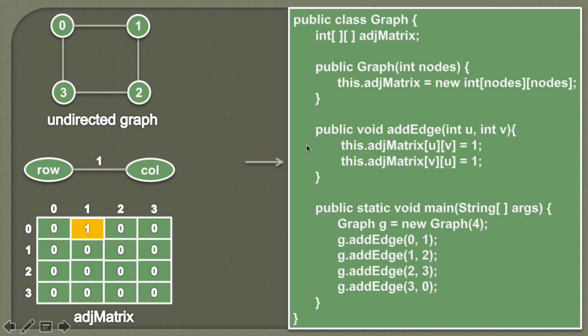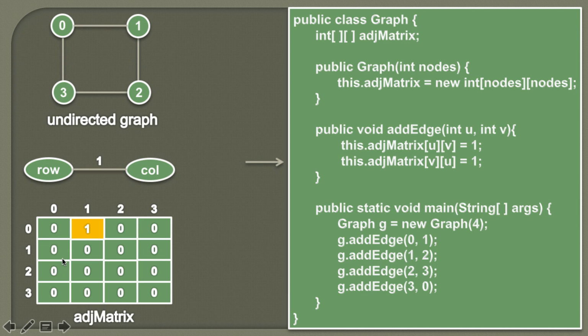So friends, in the second step, as this graph is an undirected graph, there is no direction on the edge. Therefore we can see it as an edge between 0 and 1, and we can also see it as an edge between 1 and 0. This information we need to store into the matrix. In the first step, for 0 to 1, we provided a value of 1. Similarly, in the second step, from row 1 to column 0 we provide a value of 1.